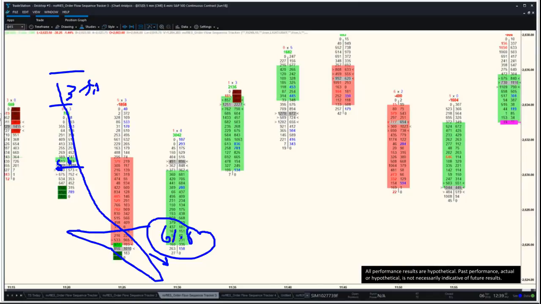What order flow will do for you is take whatever your existing method is, whether you're a fib trader or supply and demand, support and resistance, a pivot point trader, and give you the ability to filter your trades like you've never been able to filter before.